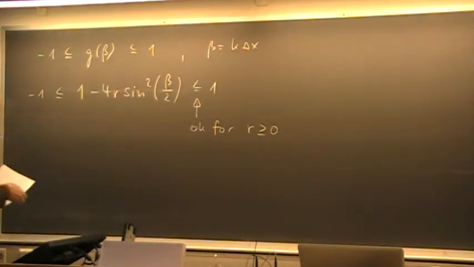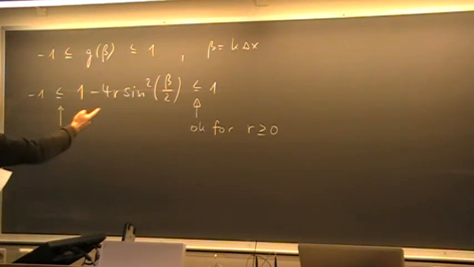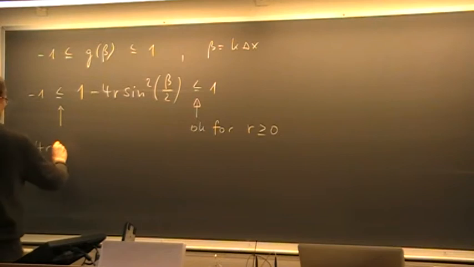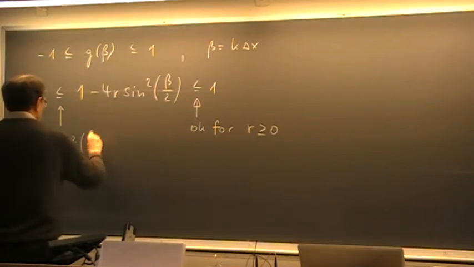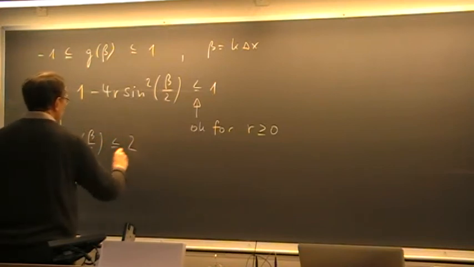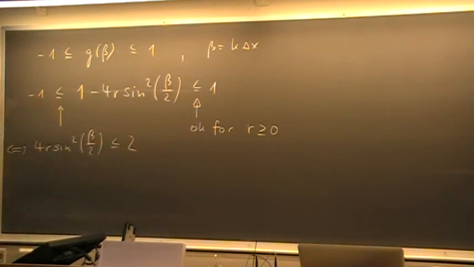The left inequality we can write in a different way. We can put this on the left hand side, so this is equivalent to saying 4r sine squared of beta half is smaller or equal than 2. So we order a little bit. And now we make a trick. We observe that we can estimate the sine squared from above by 1.